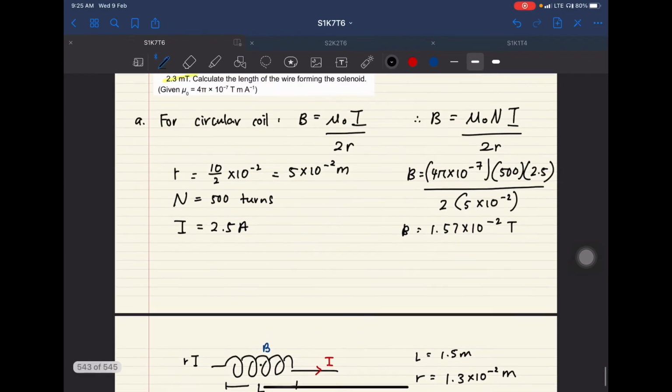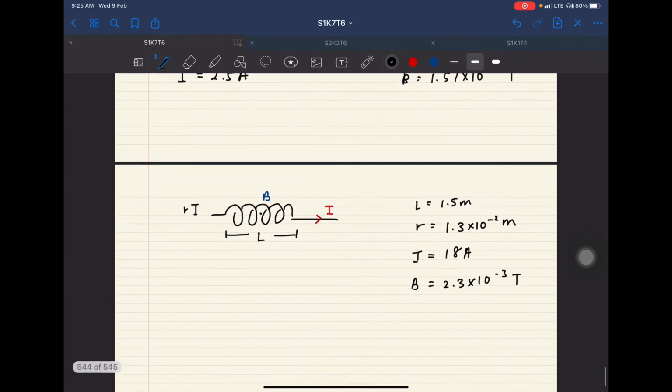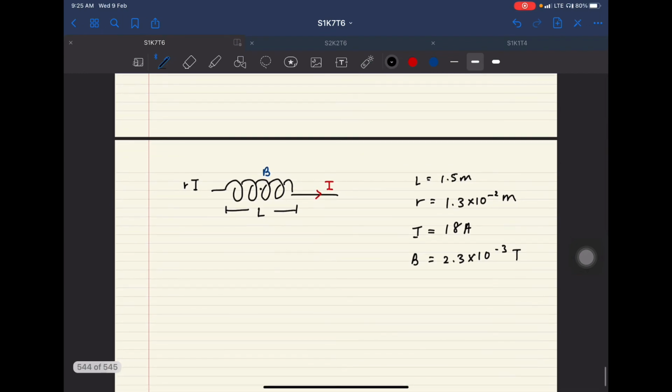Okay, and then the question wants to find the length of the wire forming the solenoid. Okay, you can see that the given value L here is actually the length of the solenoid, not the length of the wire itself.